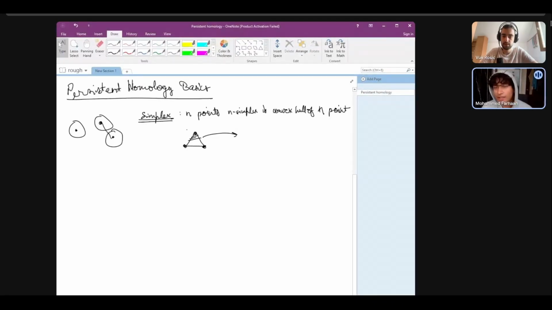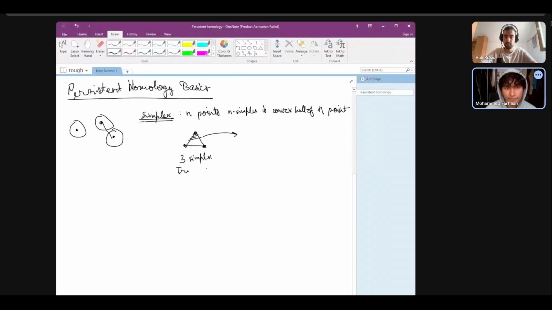To understand things quicker, it's always best to look at examples. Okay, so let's take 3 points over here. We want to understand what the three simplex is, and for the sake of this example, I want to show you that a three simplex is a triangle. So what do we mean by a convex hull?